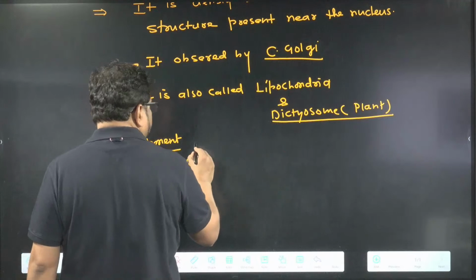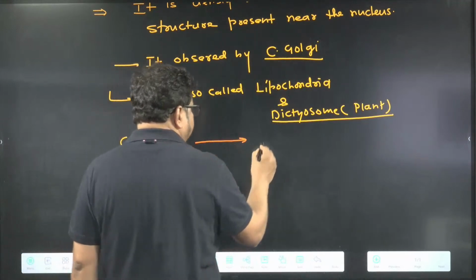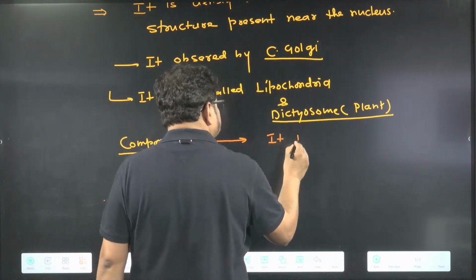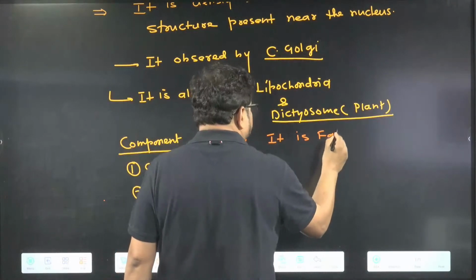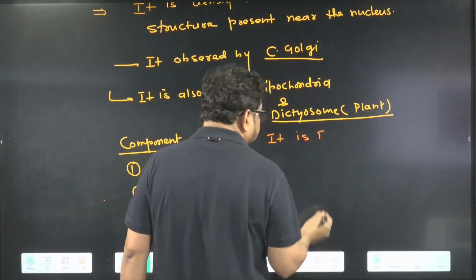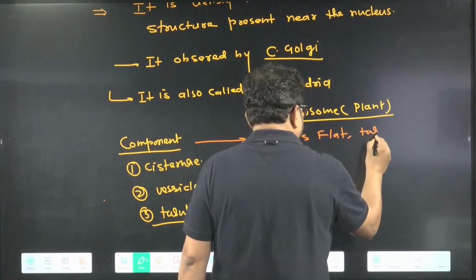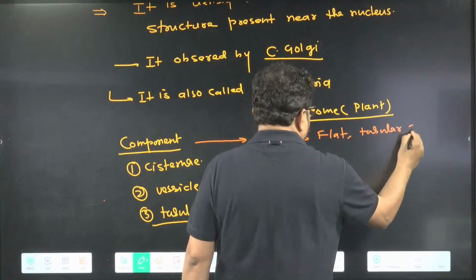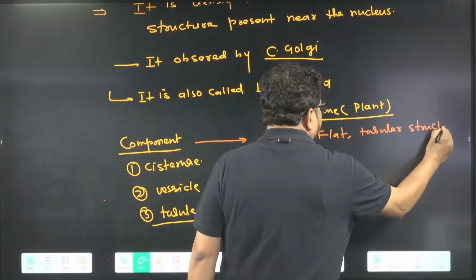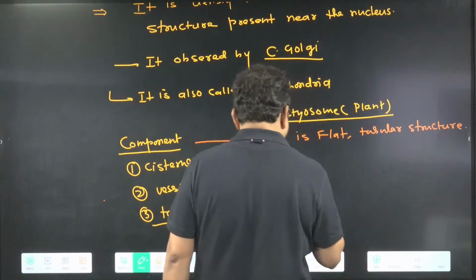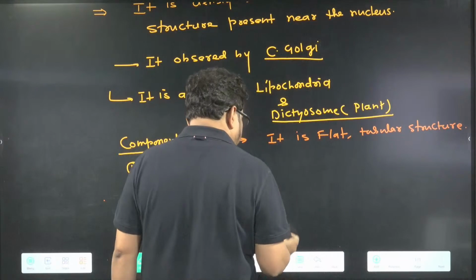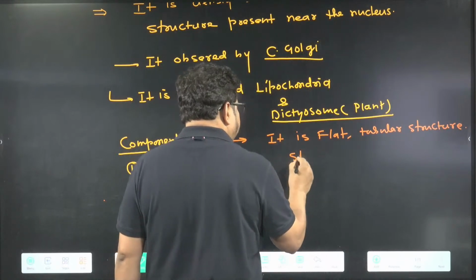Now NCERT wrote about cisternae as well. What they wrote about the cisternae, I am writing here: it is a flat, tubular structure, stacked over each other.